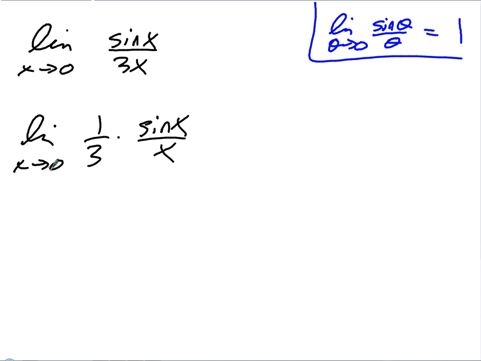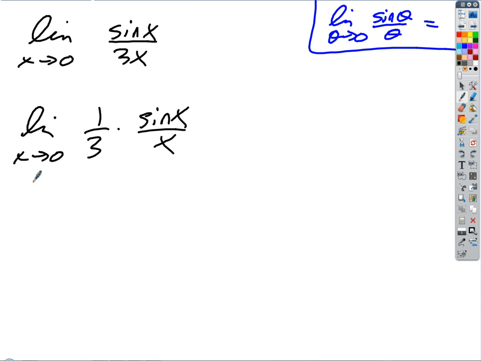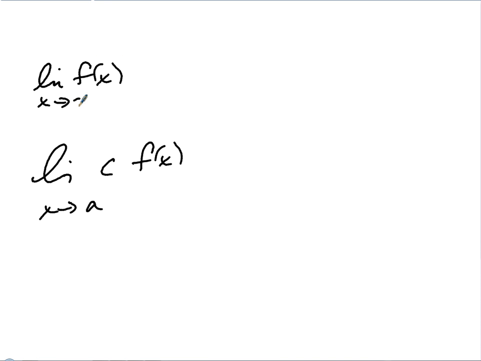And you might also remember that we looked at a general case like this. If I have the limit of a constant times f of x as x approaches a, and let's say we've defined the limit of f of x as x approaches a as being L, it's just CL.